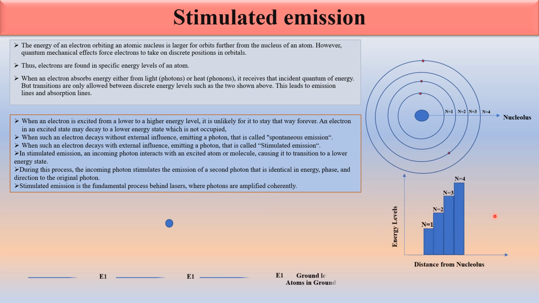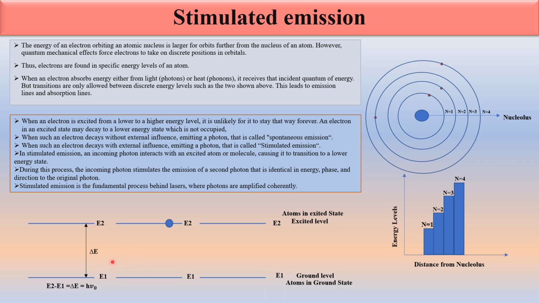You can see here, this is the energy level, this is the distance from the nucleus, these are the discrete energy levels of the electrons. You can say atoms in the excited state. Here, the atom in the ground state, you can see E1 is the ground state, E2 is the excited state. And whenever a photon is generated from E2 to E1, it releases the energy of delta E, which is equal to h nu naught, where h is the Planck constant and nu naught is the frequency. So here before emission, the electron is in the higher state, or you can say the excited state.